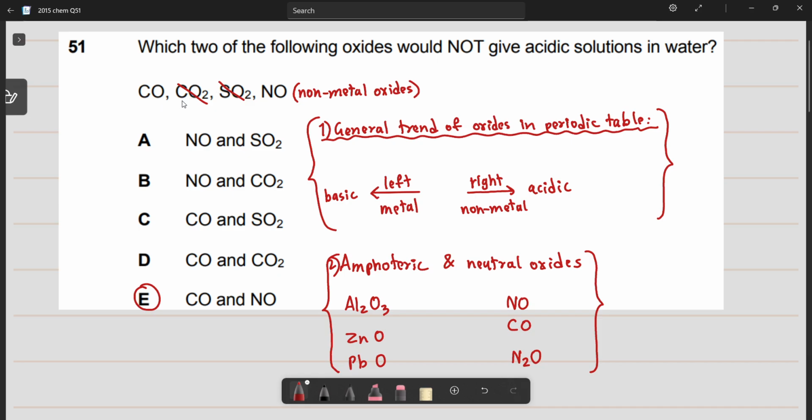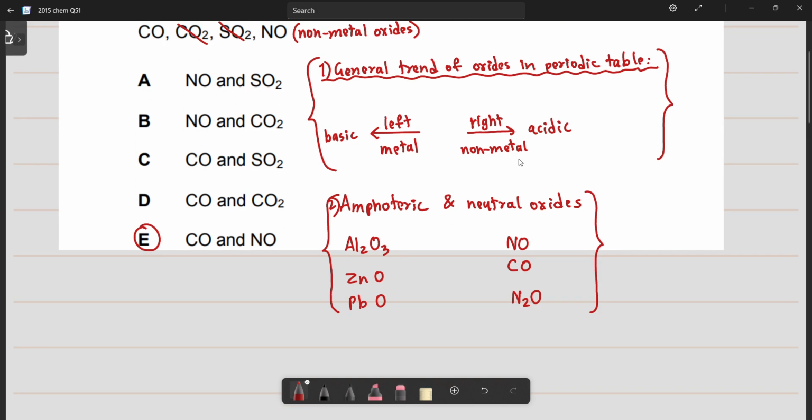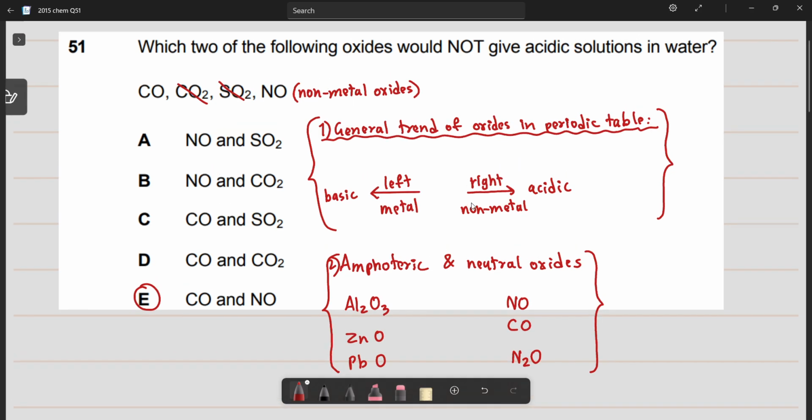So why are carbon dioxide and sulfur dioxide cancelled out? They were the wrong options. As we said, if we move to the right side, the non-metal oxides form an acidic solution. And the most important point I forgot to mention is that not all metal oxides are basic and not all non-metal oxides are acidic, because there are a few oxides that are amphoteric and neutral.